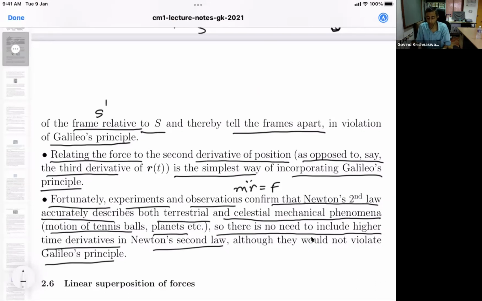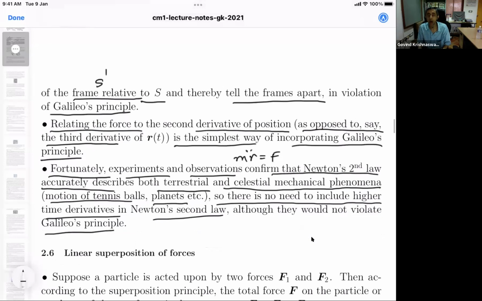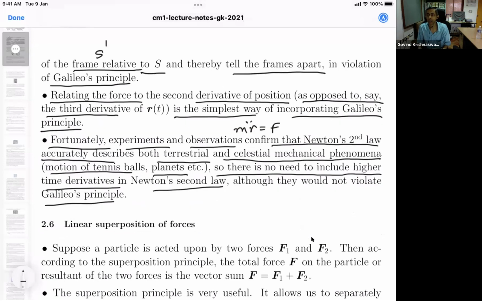In particular, why there is not a term in Newton's law that involves simply r itself, some nu r plus m r double dot. Why that is not okay. Is there any question about that?